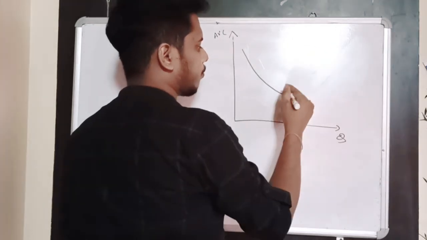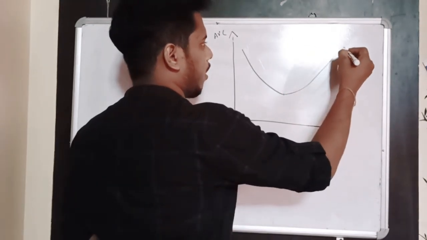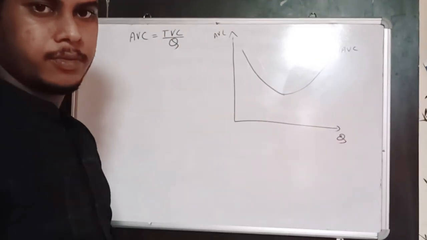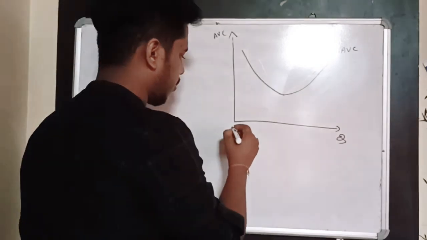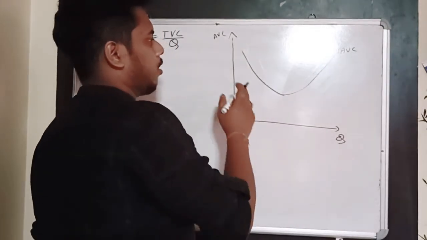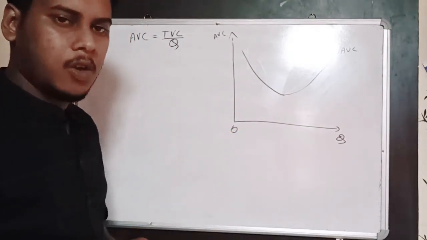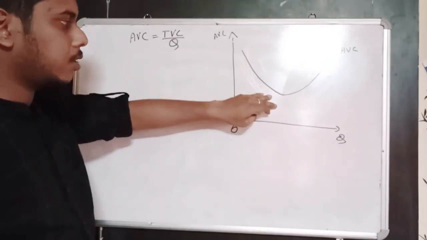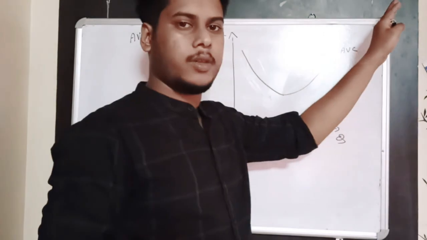So the average variable cost curve is basically a U-shaped curve. Okay. As we go on increasing the output, my average cost falls, reaches a minimum, and then it rises.